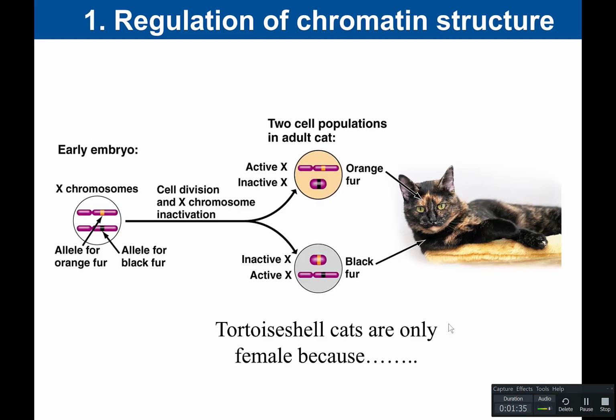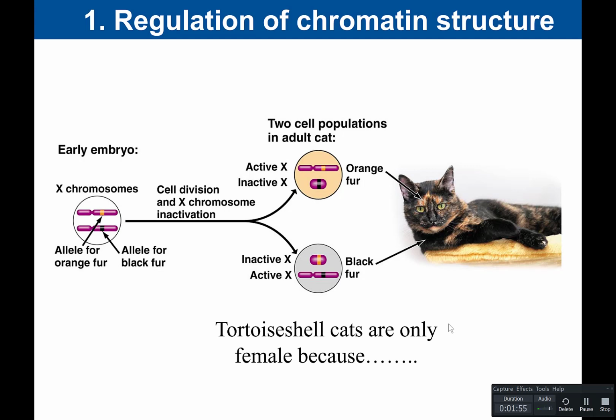So we're going to start with the regulation of chromatin structure. We have briefly discussed one of these methods in an earlier lecture, and that is the formation of Barr bodies. Remember that when we talked about sex chromosomes, females, for example, are XX.